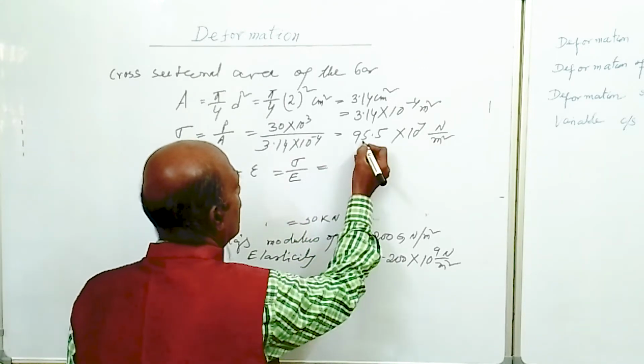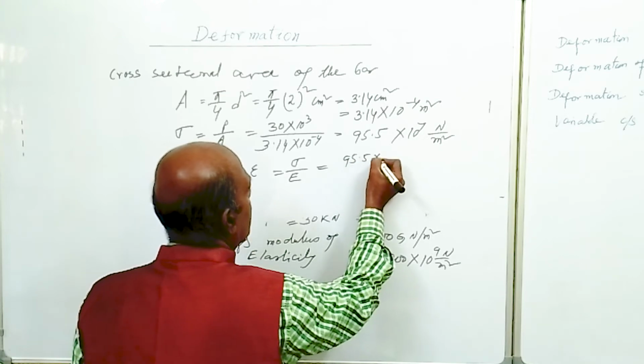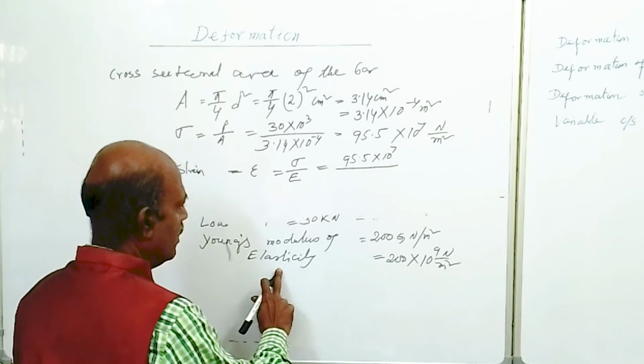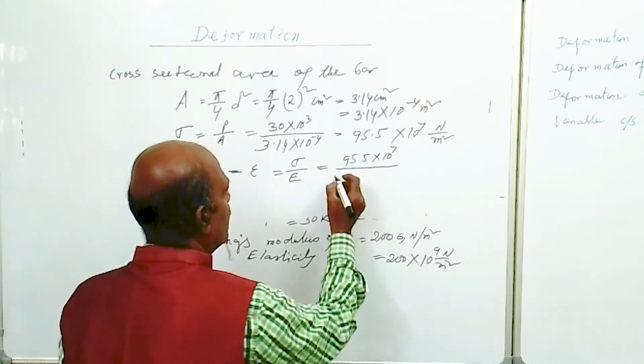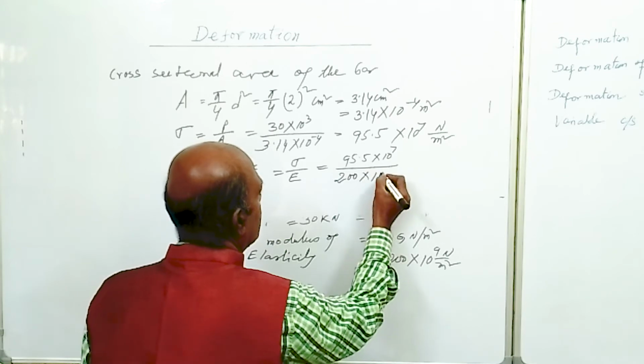So we have 95.5 into 10 to the power 7 divided by Young's modulus of elasticity, 200 into 10 to the power 9.